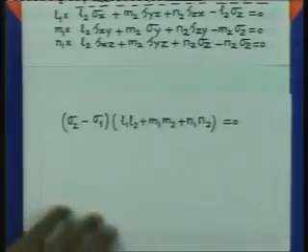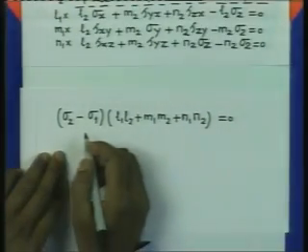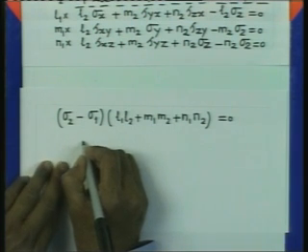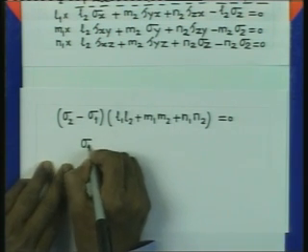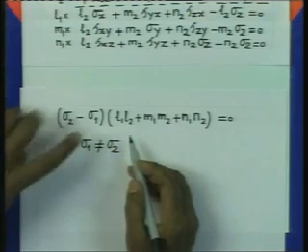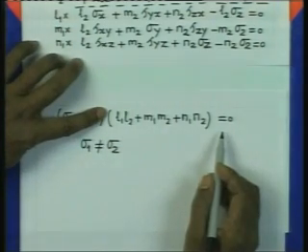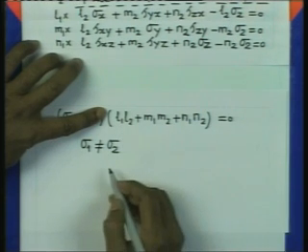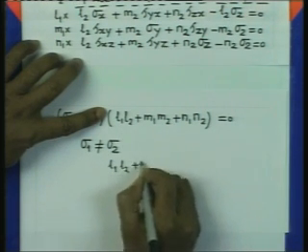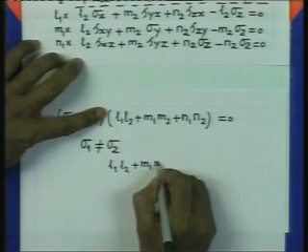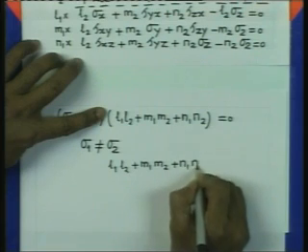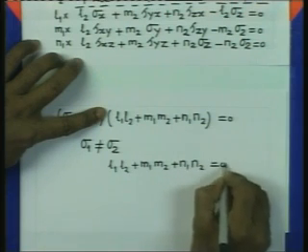We know that these two principal stresses are distinct and they are different. Therefore, sigma 1 is not equal to sigma 2, and this expression has got to be 0. So, this gives that L1 L2 plus M1 M2 plus N1 N2 is equal to 0.